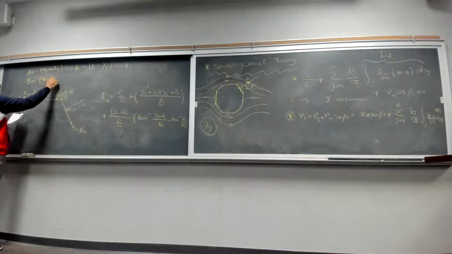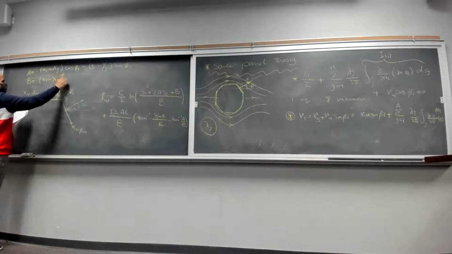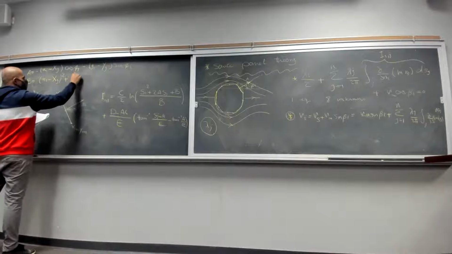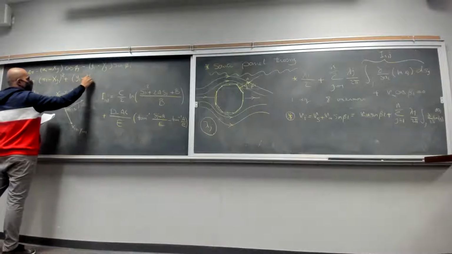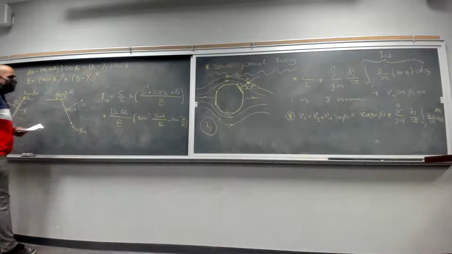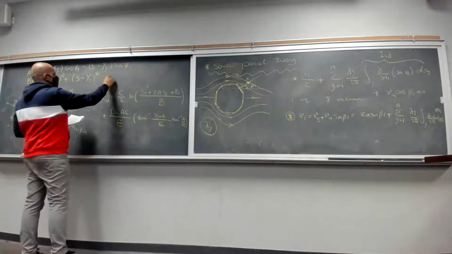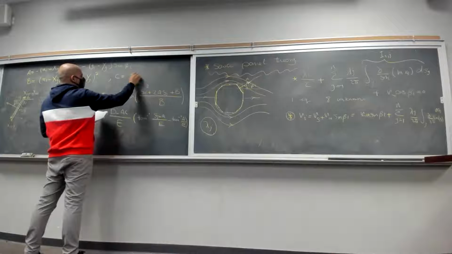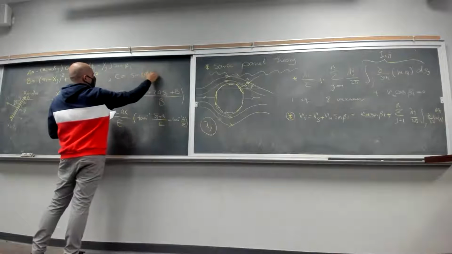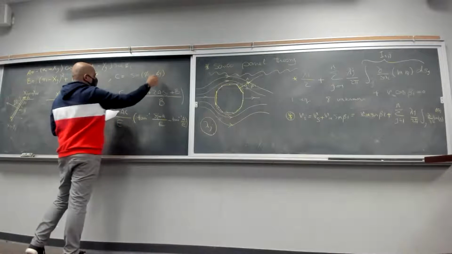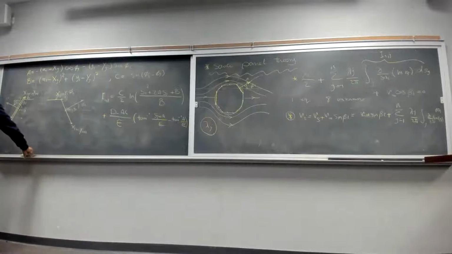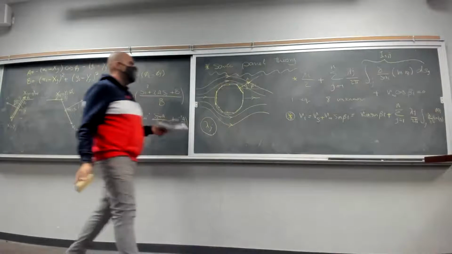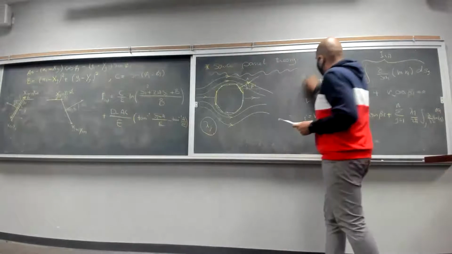xi minus xj squared plus yi minus yj squared. This is for B. And then for C, you're going to get sine of phi i minus phi j. We give you D and the rest of them here.